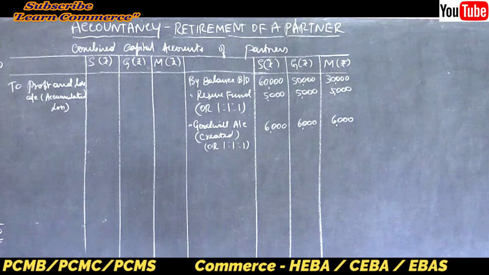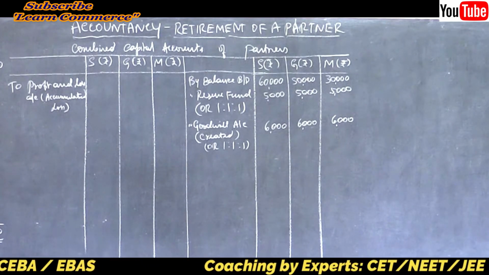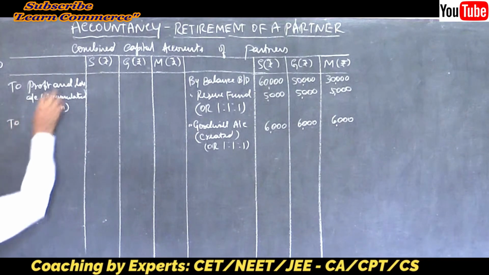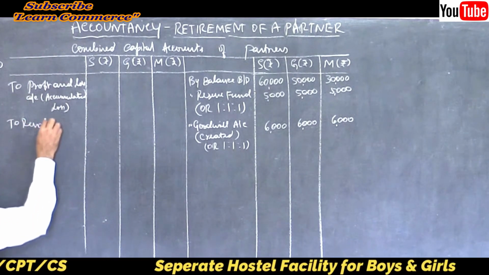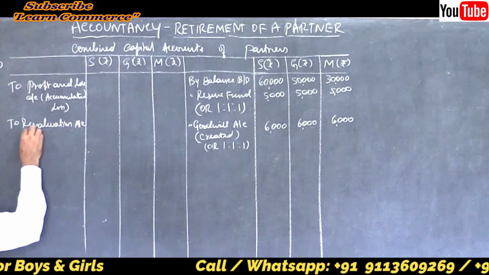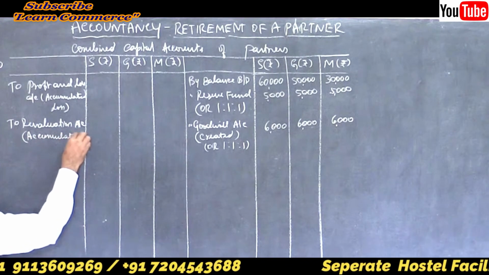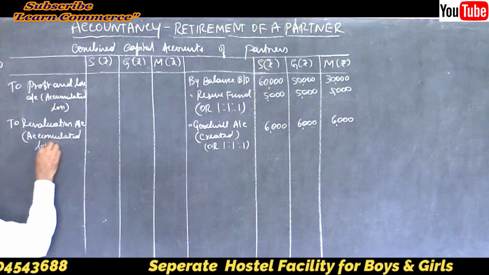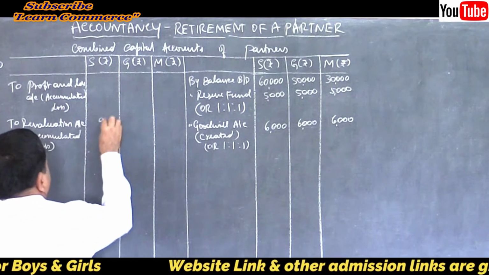Then refer to the revaluation account. All partners' capital accounts are debited for the revaluation loss. There is a loss, so 900 each.